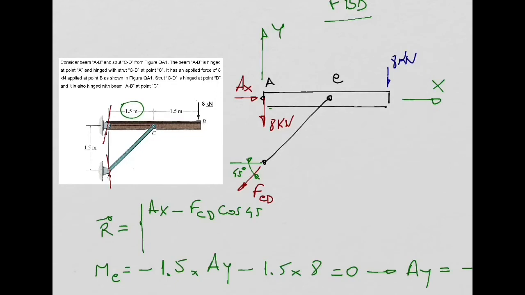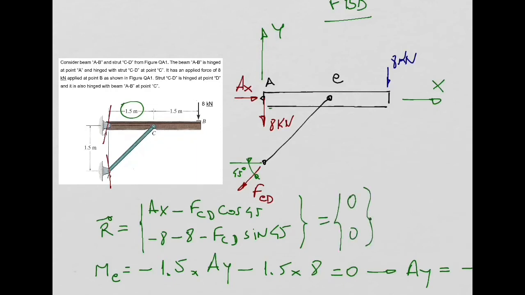What about the y direction? 8 or minus 8? Minus 8. What else? Minus 8 again. What else? Positive or negative? Negative. Minus FCD sine of 45. Very good. So this needs to be equal to 0 to be in equilibrium.